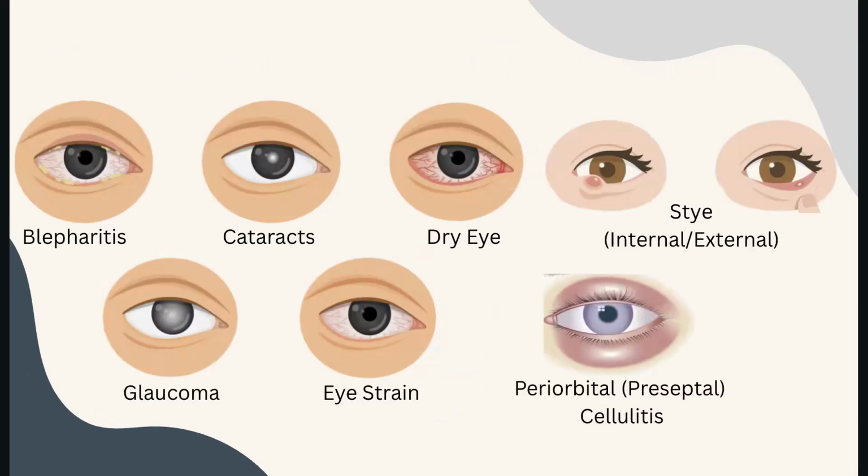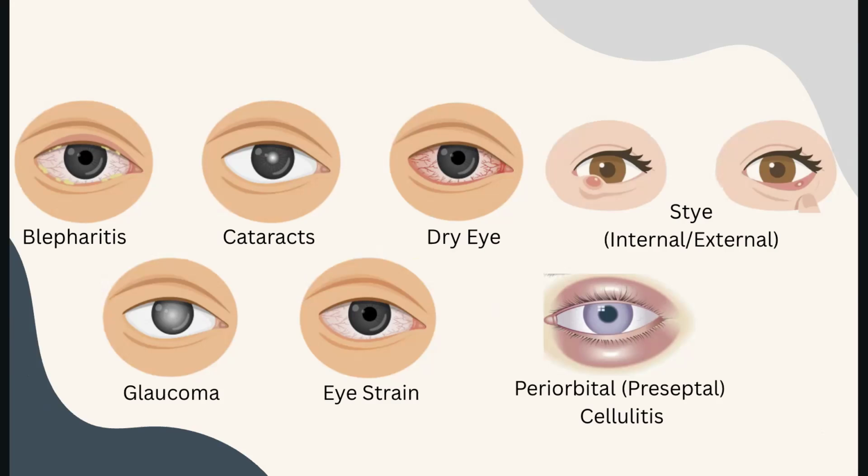Here are some pictures to show you what some of these medical eye conditions look like. Cataracts just kind of look like a strange reflection when you look in the eyes, and glaucoma looks cloudy. A stye can be either internal or external.